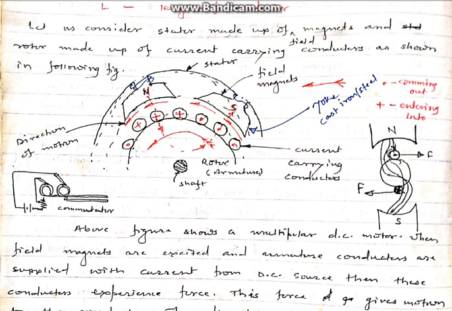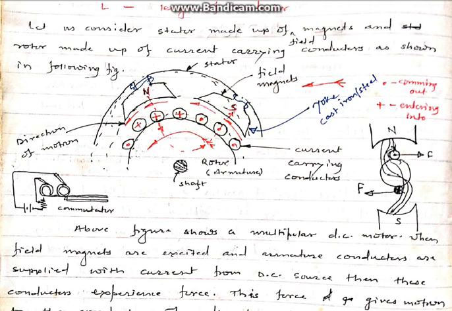So these rotor conductors are current carrying conductors, and they are present in the flux produced by the field winding. As they are present in the magnetic field, they experience a force, right?